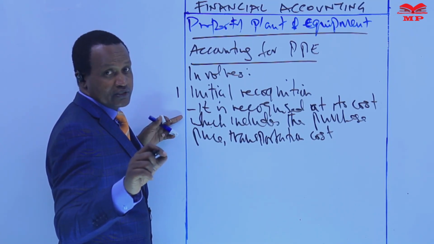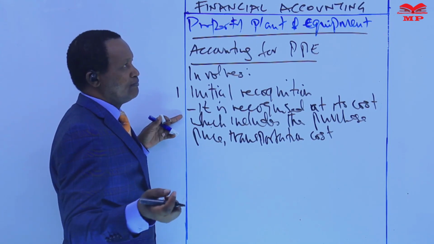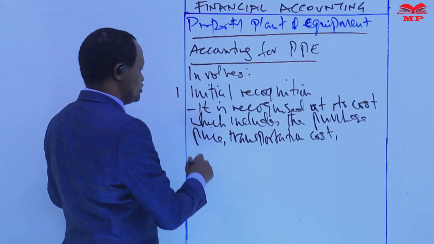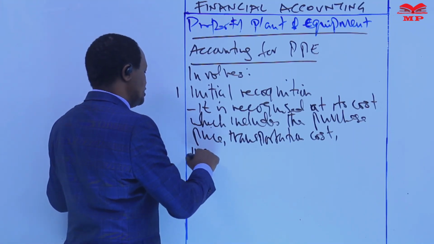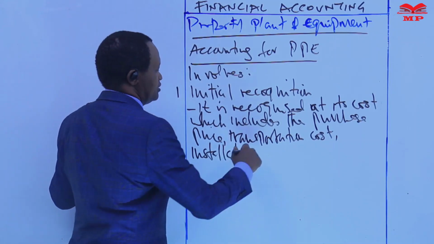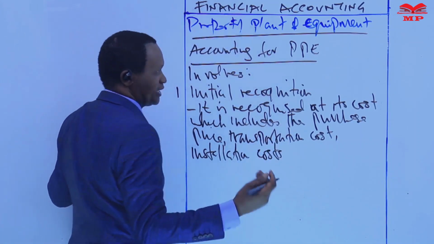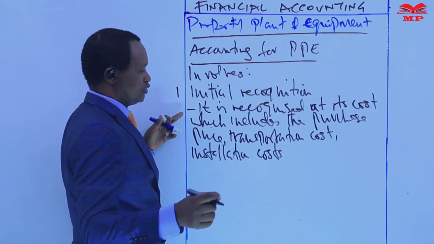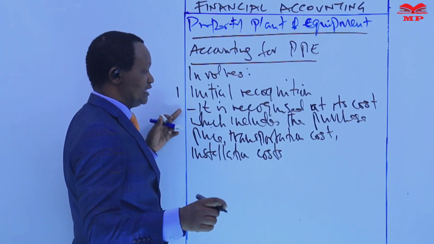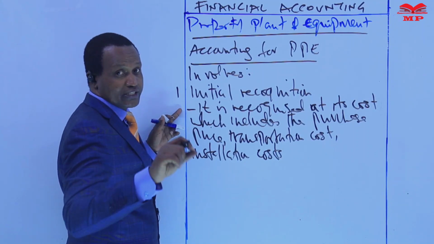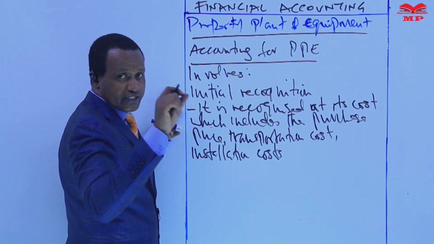You understand? There are some assets that may require to be installed. So any installation cost of such assets like plant, equipment, the amount that is incurred in installing such assets forms also part of the cost of the asset.